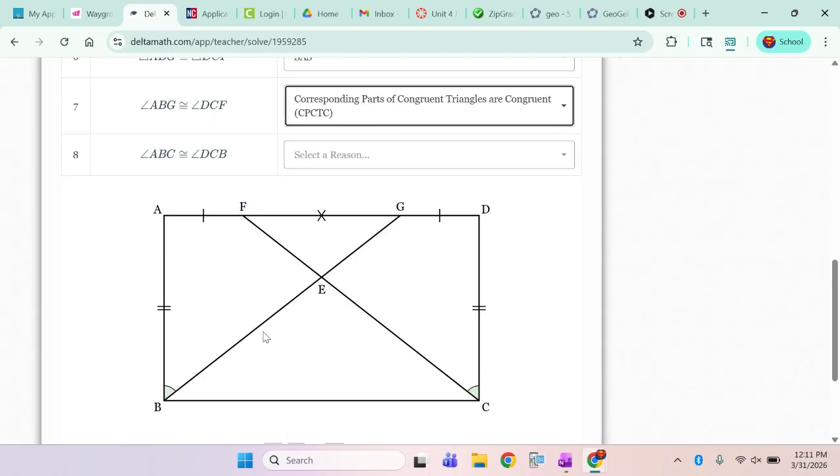Now, they're saying that these two angles are also congruent. Why is that true? Jonathan M, why are those two angles congruent?